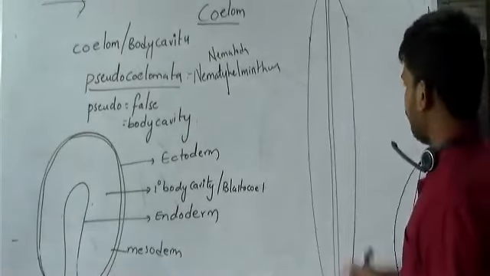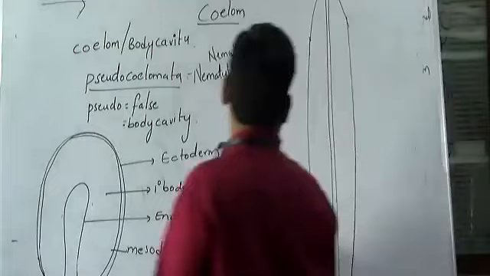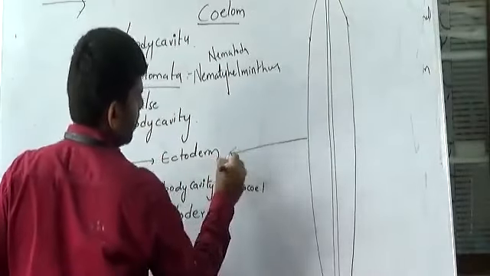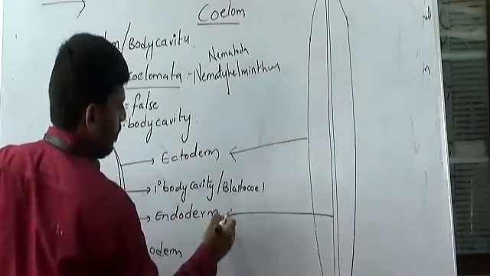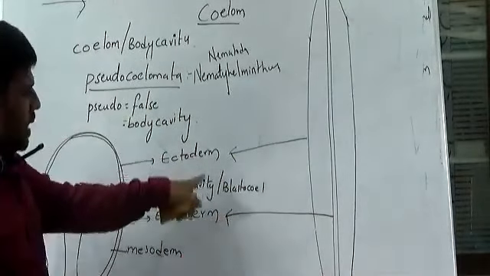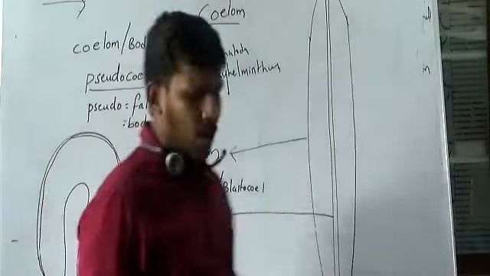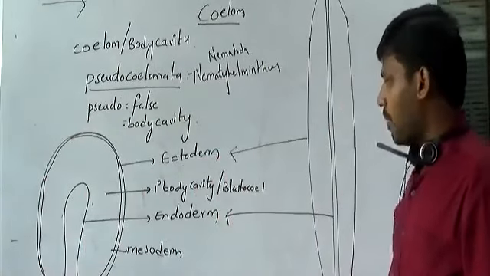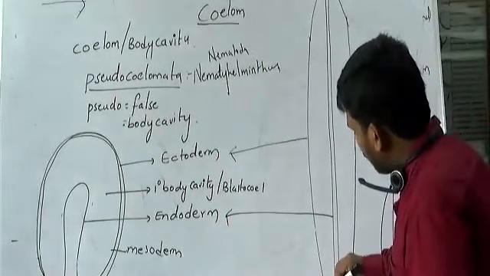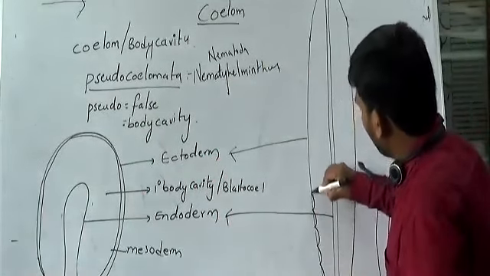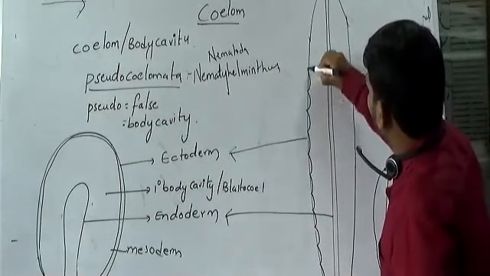So here, what is this? This is the ectoderm, and this is the endoderm. And here, the mesoderm layer that is formed adjoins with the ectoderm only.